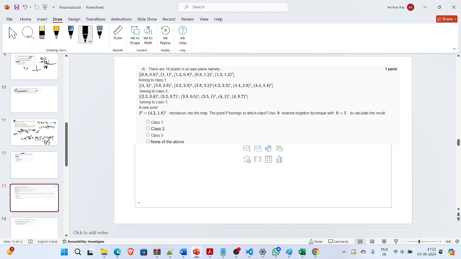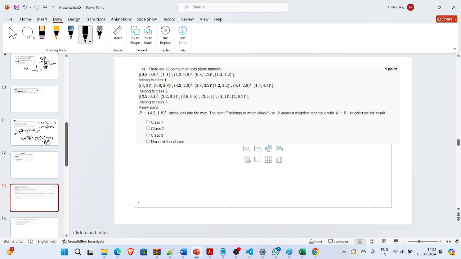Next we move on. A difficult problem, meaning a lot of calculation here. A point is given, and you have to find which class it belongs to. What you have to do is take the distance from all of the neighbors and then take the 5 least distances. Then have a voting there.